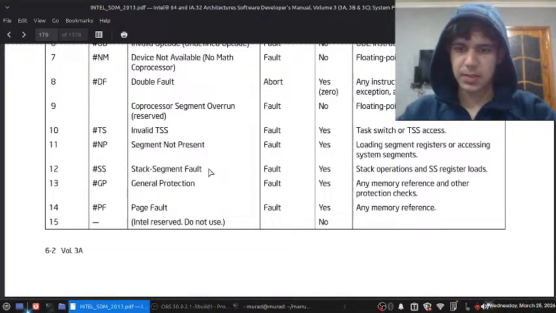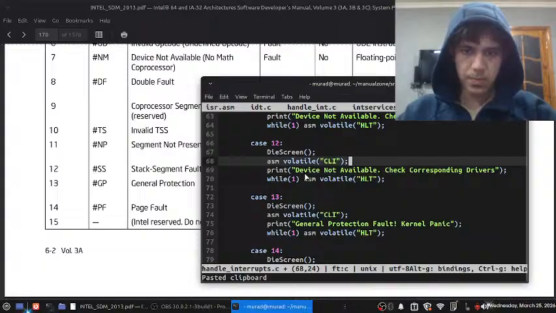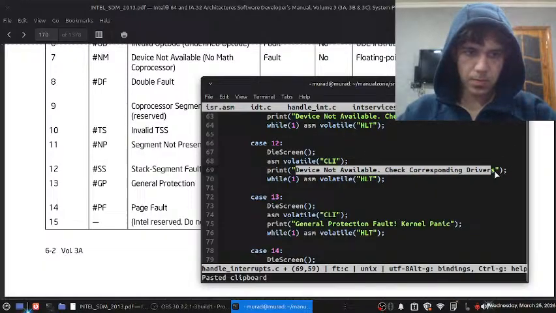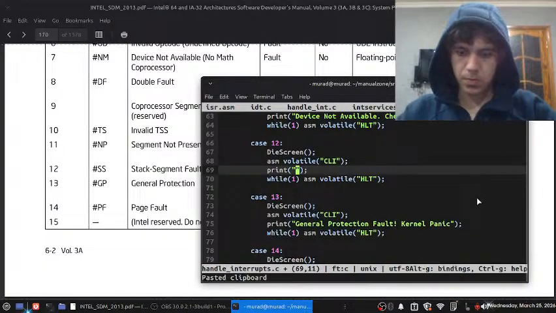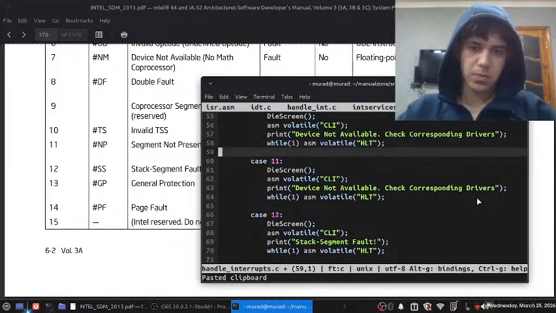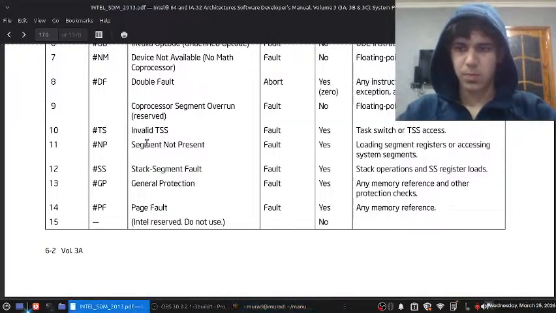Stack segment fault. Segment not present.